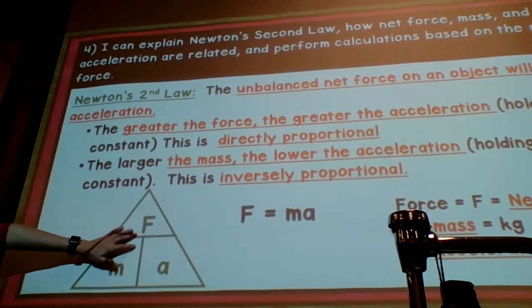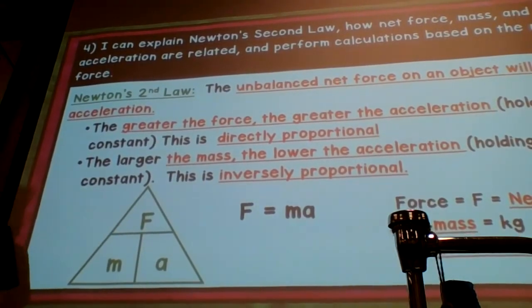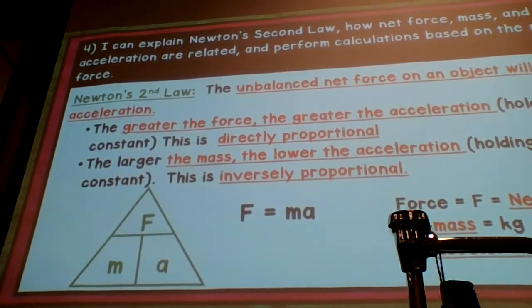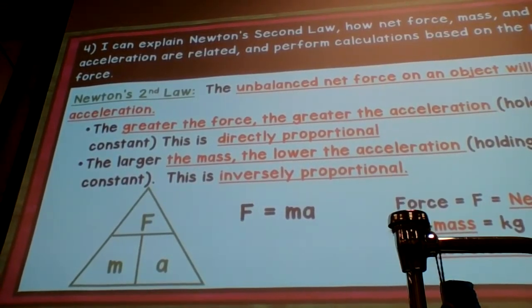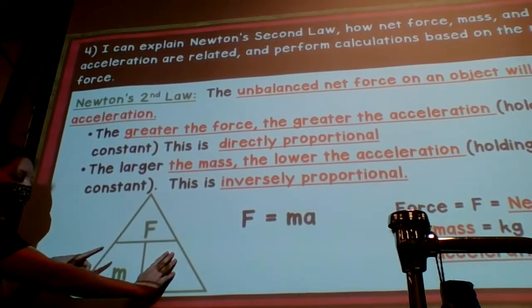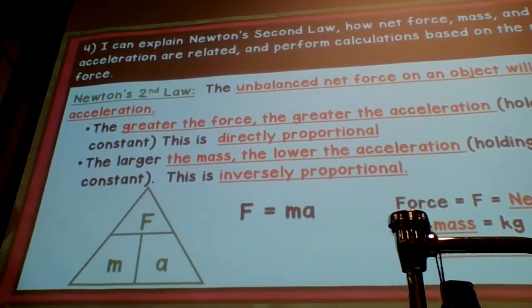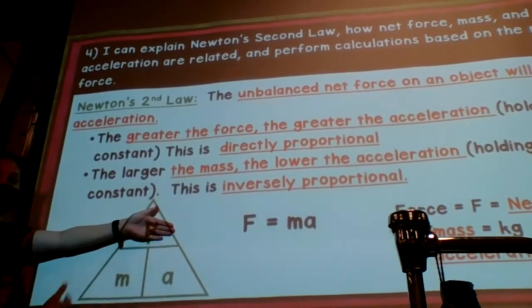Then we have another triangle. I like the triangles. It makes you have to think less, and it works the same way. If you're looking for acceleration, you cover it up, so you do F divided by M. If you're looking for force, you cover that up. These are beside each other, so we multiply.